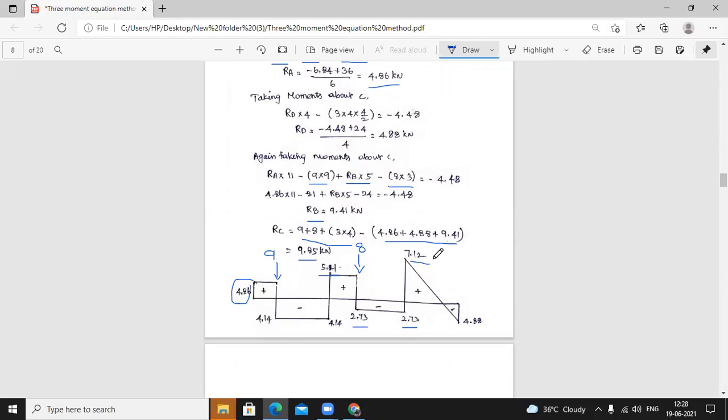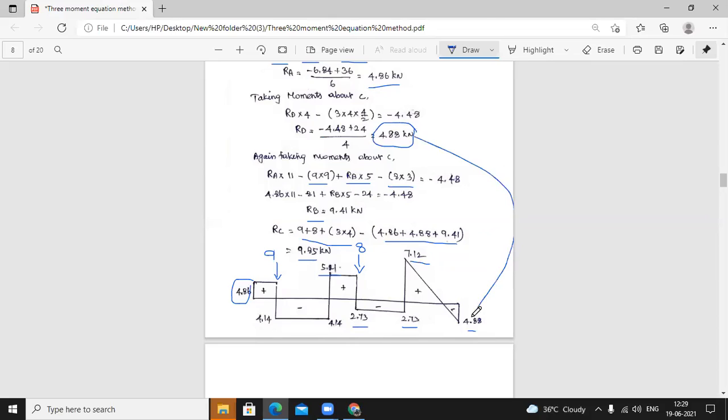Now the third span is the UDL load. What is the UDL load? 3 into 4, 12. So 7.12 minus 12, we got minus 4.88. You can see we got the exact value, the RD value 4.88.